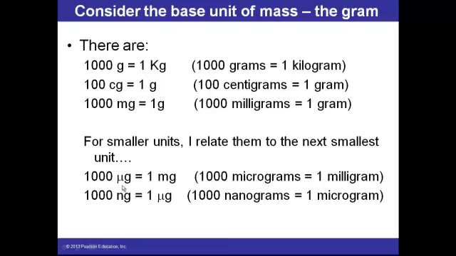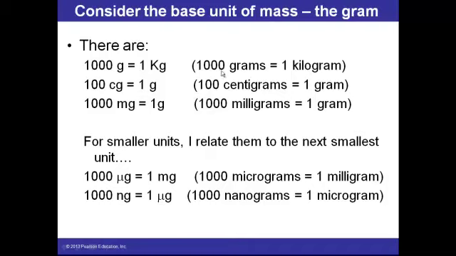So for the smaller units, there's 1,000 micrograms in a milligram. And then if we go smaller to the nanogram level, there's 1,000 nanograms inside 1 microgram. So we can easily use these conversion factors to exchange between any of these unit sizes. And we'll have a little bit of practice doing that.